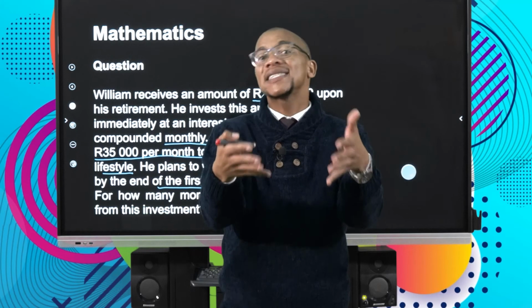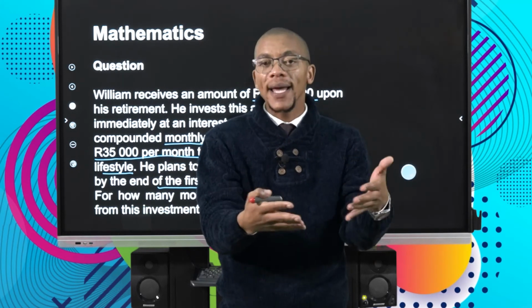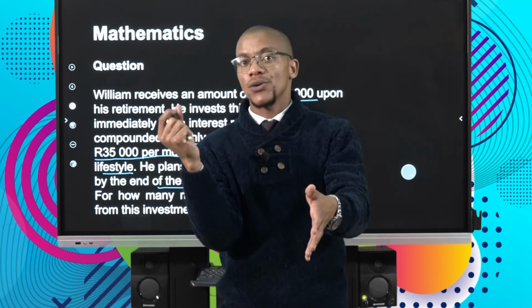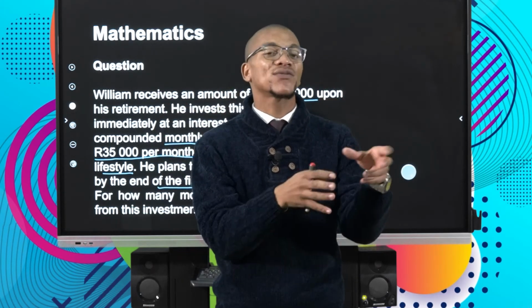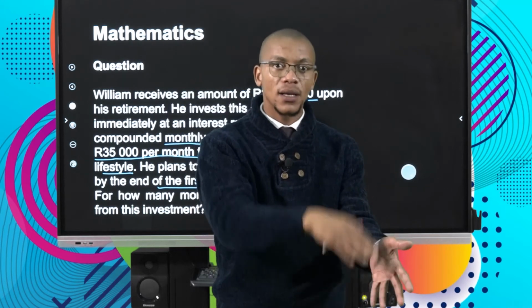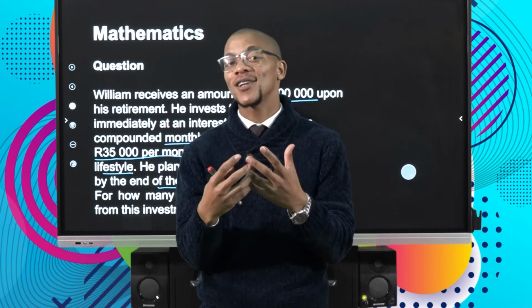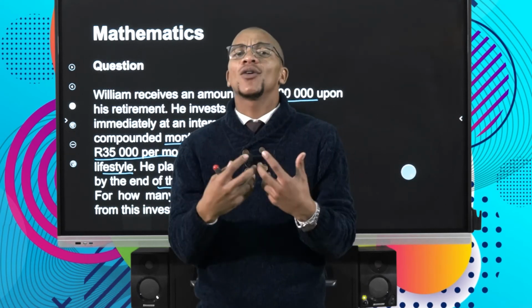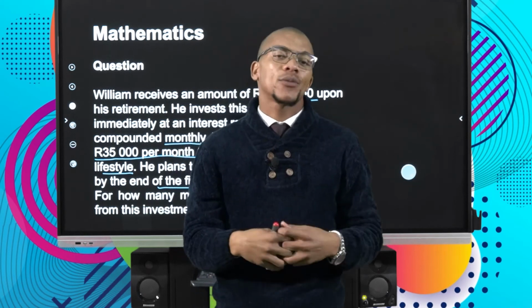It works the same way as a loan. Why? Because you get 100,000 now, and at the end of the year, it's going to be zero. And that's how a loan works. Whereas with future value, you move from zero to hero. You start with nothing, pay regularly until you get to something big. So it's a very interesting way of looking at present value. I just thought if we were to squeeze this in, it will give you an idea of how else they can ask you about present value.